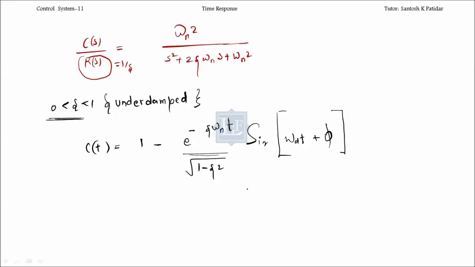Correct, friends? Where omega d, you know very well, is omega n times the square root of 1 minus zeta square. What about phi? Phi is nothing but cos inverse zeta. So this is your system response for the unit step in the range of 0 to 1.